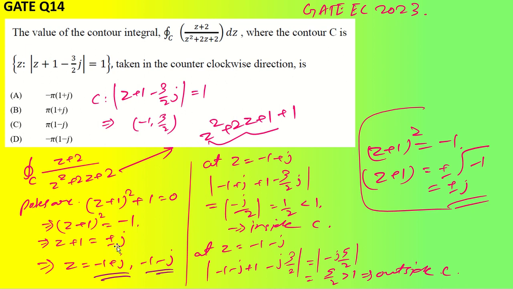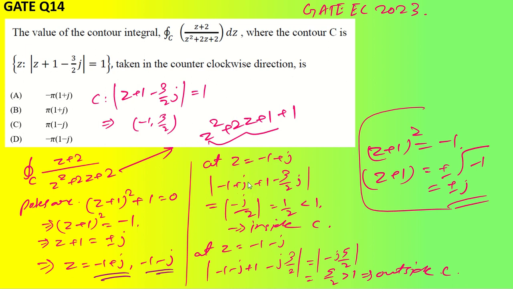Now we have to identify which pole is outside the contour and which pole is inside the contour, because whatever poles are available inside the contour, only those will be taken for the integral. Outside ones will be removed. How to check it? At z equal to minus 1 plus j, you put this value inside and find the mod of this value.